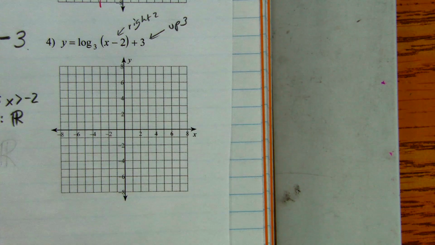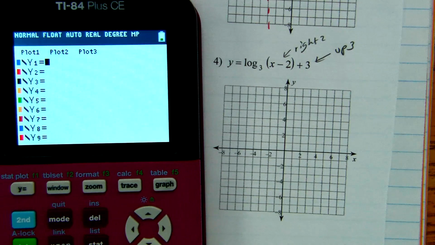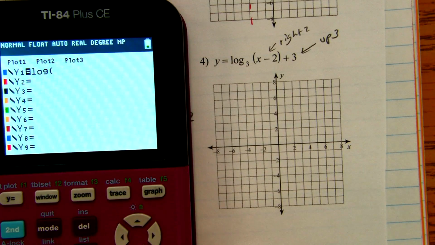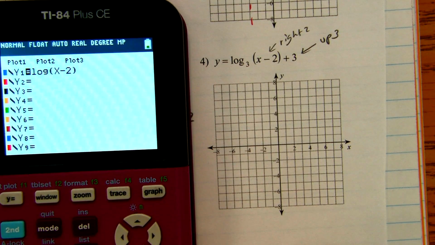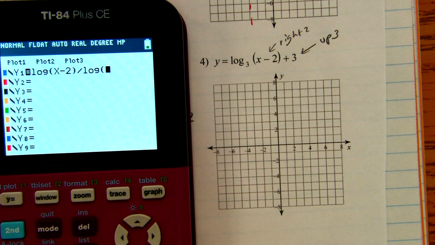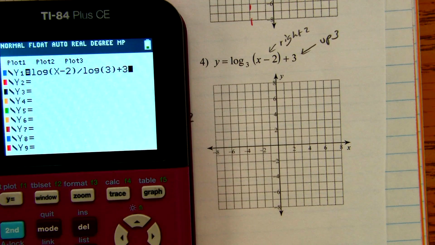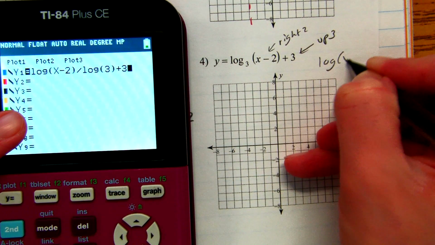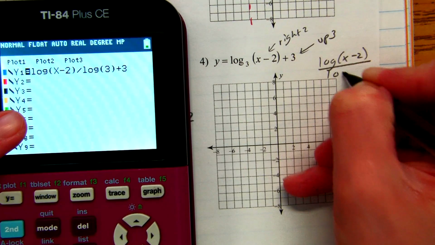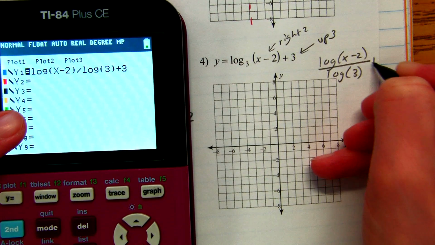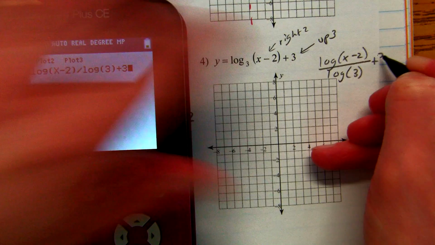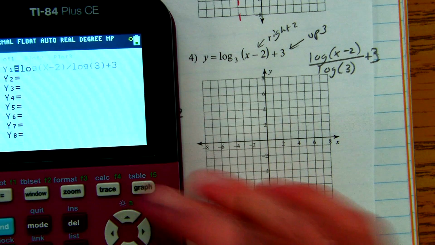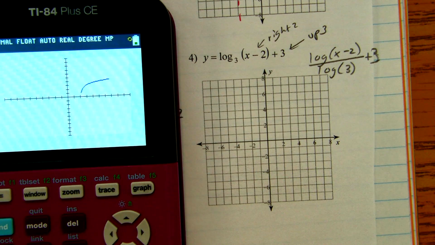When we set this one up on the calculator, we will have log of x minus 2 divided by log of 3, and then we'll put a +3 on the end. Okay, when we graph it, it looks like this.